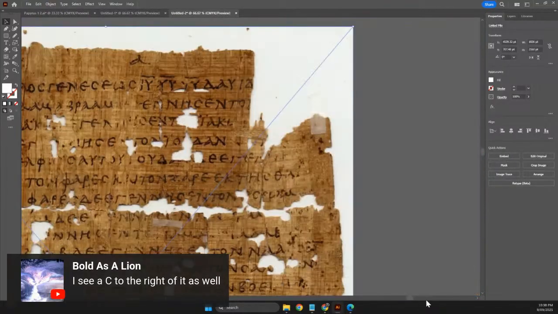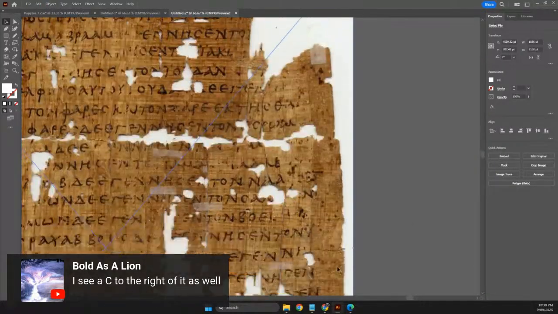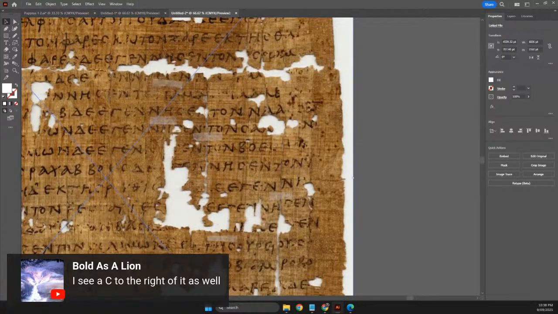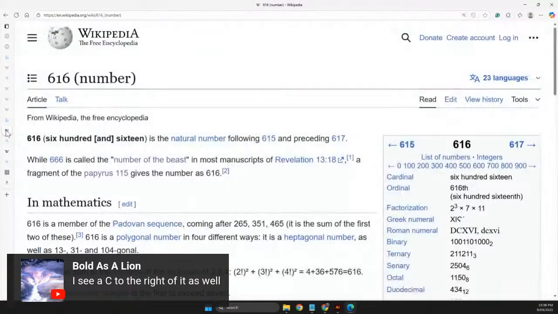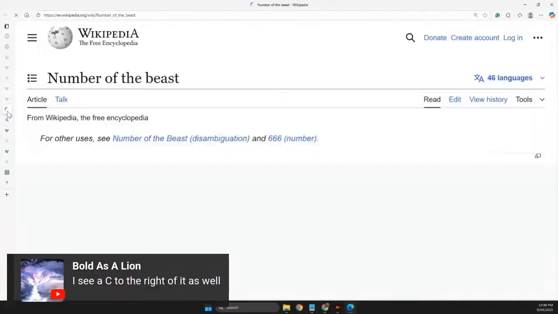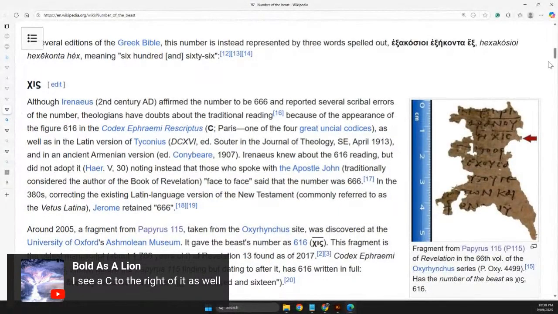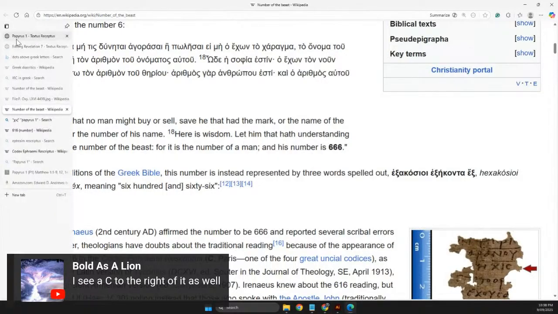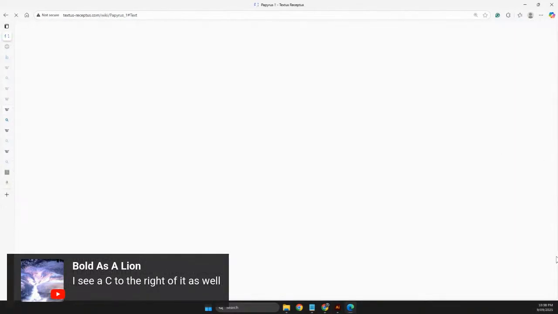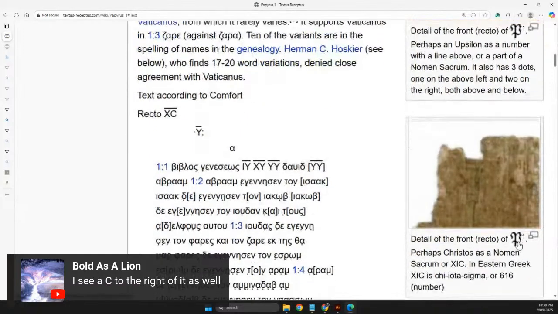Now, there is another section to this on the other side, which I think we saw on Wikipedia. I'll just open this Edge page up again, which I hate having open, but I don't know why I've ended up with it there. Okay, so now we want to go to Papyri 1. Here we go. There is another section. Okay, so that's my page.